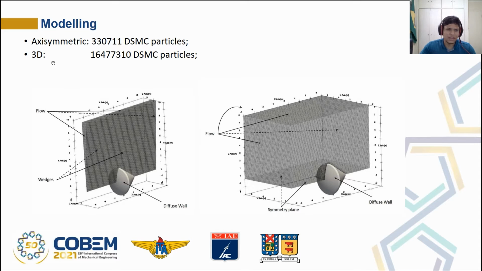For the axisymmetric simulation, we used about 300 IDSMC particles, while for the 3D one we used about 16.5 million particles. This has a strong influence on the computational cost of the simulations, and this is part of the intent of the work, to make some considerations about it in the end.